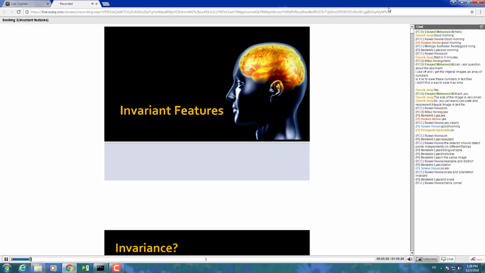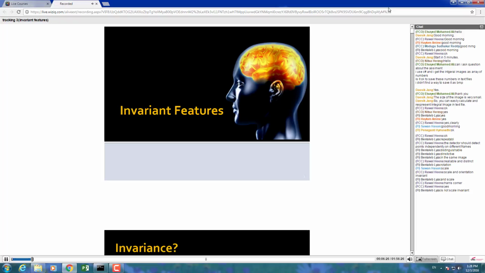This is one of the representative and famous corner detection algorithms. In the case of the Harris corner algorithm, are the feature points orientation invariant? Yes, orientation invariant. What about scale? Is Harris scale invariant? Yes, it is not scale invariant.